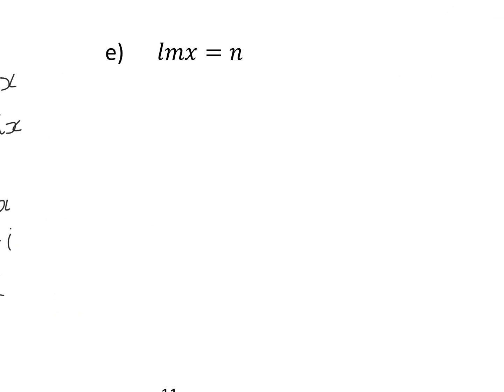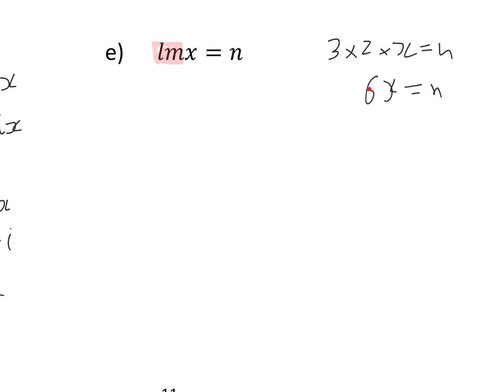Part E, we've got x. Now it's multiplied by m and l, but you can think of that as just one number. So for example, if I do go numerical here, if you had 3 times 2 times x equals n, essentially you've got 6x and you want to divide by 6.